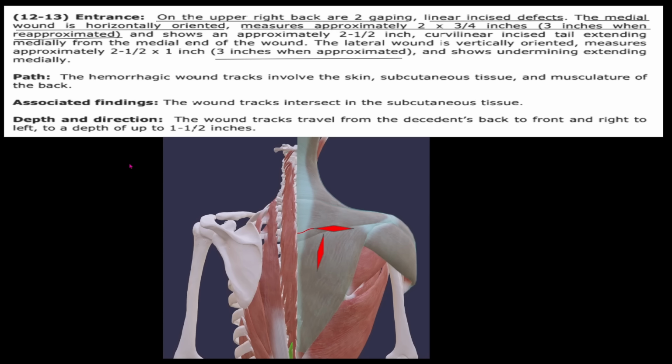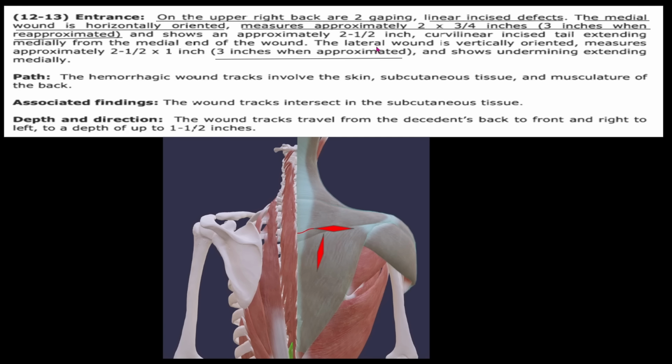Then you get to the back. On the back, it shows 2 wounds on the upper right back. So if you're facing forward, this is showing the upper right back. These are incised wounds, which are cuts. The medial wound is horizontally oriented. It's 2 by 3/4 of an inch, 3 inches when reapproximated, and shows a 2.5 inch curved linear incised tail.